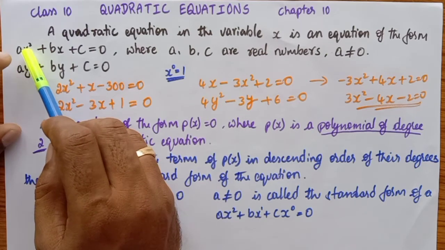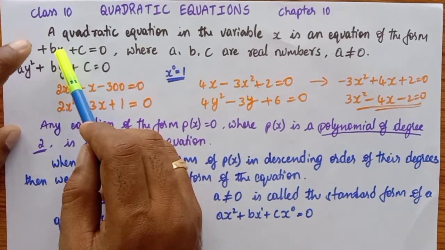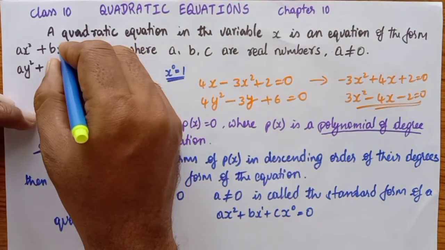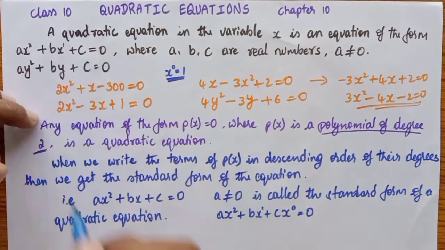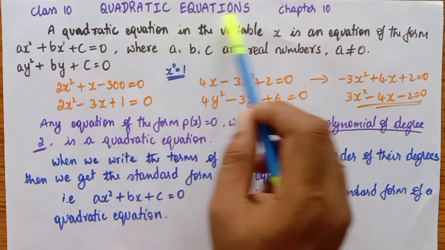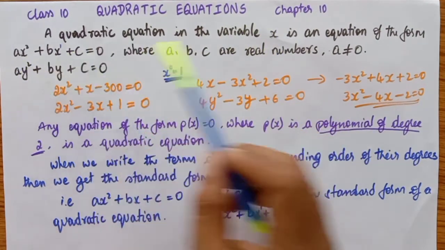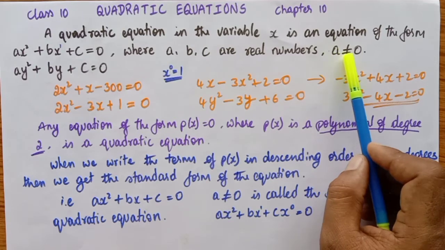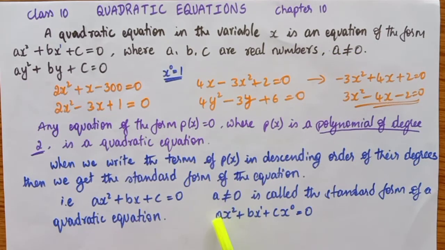So as it becomes 0, the degree of these equations will be x to the power of 1, so the degree will be 1. As the degree will be 1, it will no longer be a quadratic equation. That's why it is stressed here that a cannot be equal to 0.